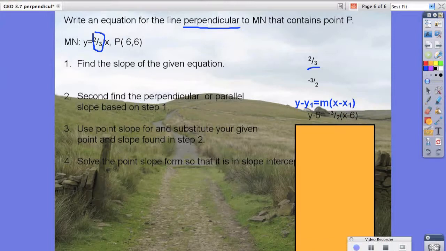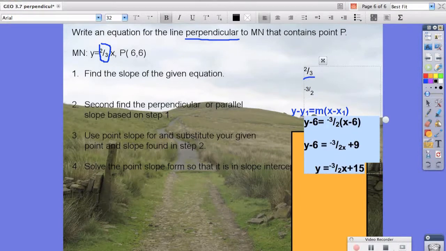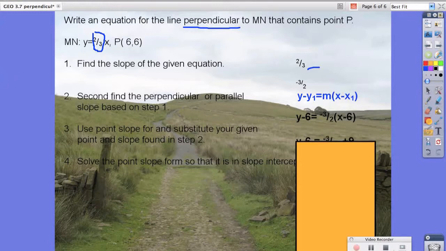So our points, I'm going to make this a little bit bigger so it's easier for you guys to see. We have y minus 6 equal to -3/2 times the quantity x minus 6. So notice the -3/2 is our perpendicular slope, and we got our x and y values from here, x and y, which are 6 and 6. Step 3 says use the point slope form and substitute your given, which we just did.